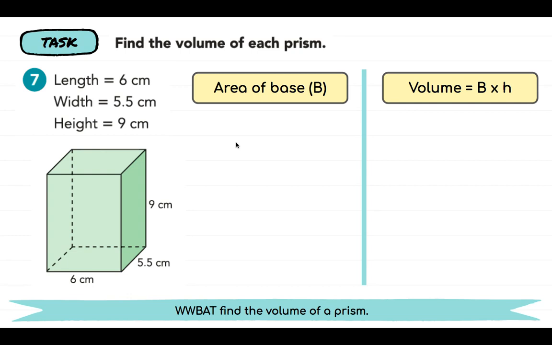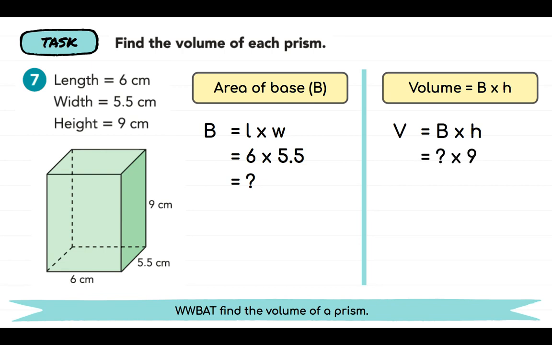So to find the area of the base, because this is a rectangular prism, you can use the formula length times width, multiply these two numbers, and you're going to find the answer. For the volume, you are going to use that area number multiplying with 9, which is the height of this prism. You're going to pause this video now and complete this question before you come back for the next question.